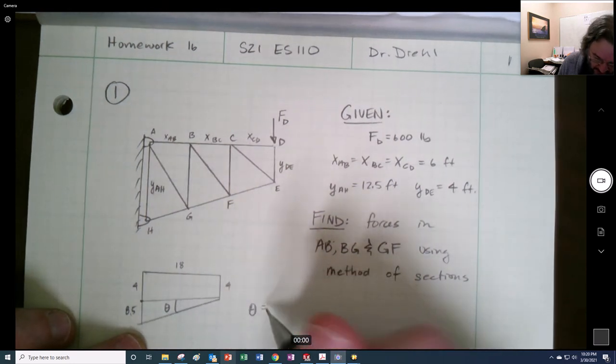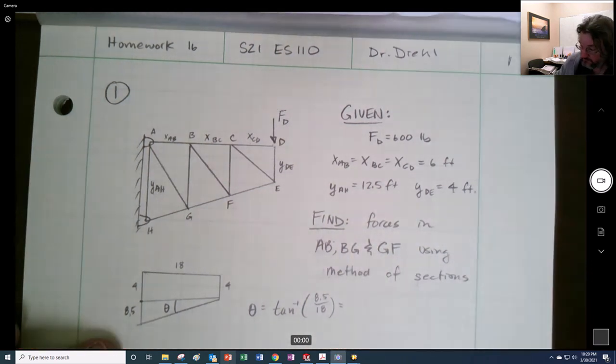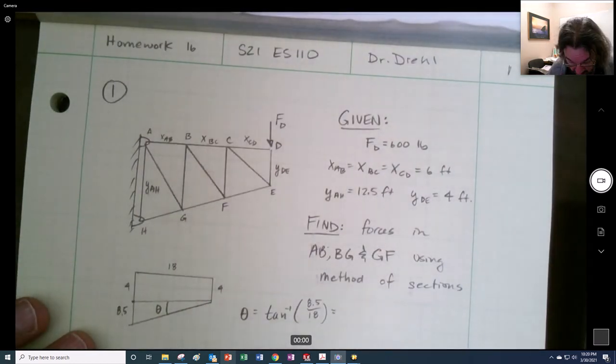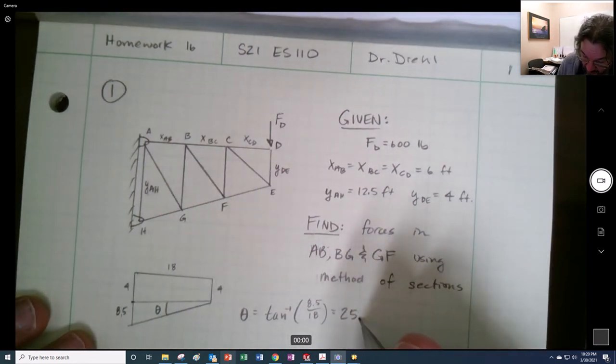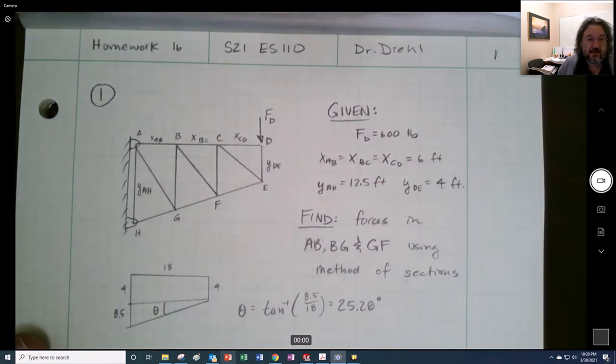So theta is going to be the inverse tan of 8.5 over 18. And I did not calculate that before. So, boom. That's 25.28 degrees.